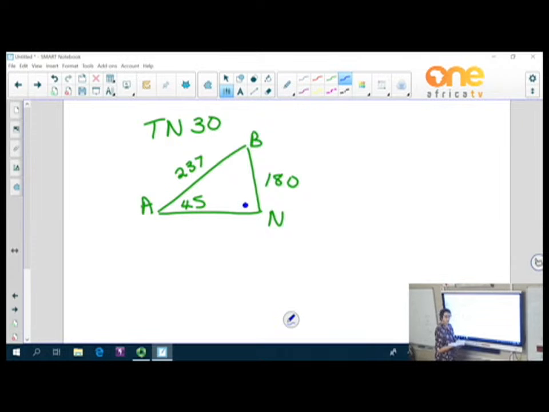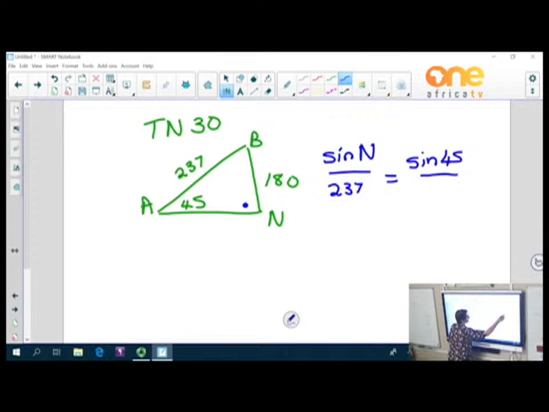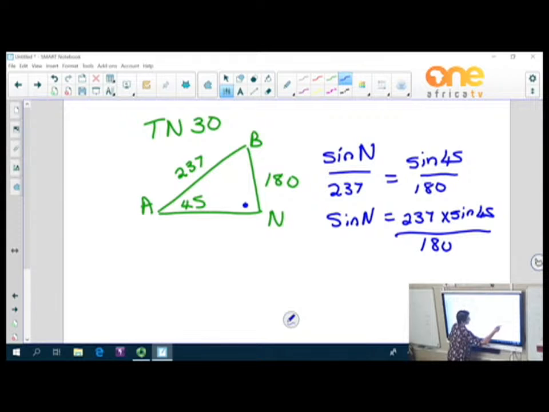So we want to find this angle. Can I use the sine rule? Yes, because you have opposite sides and opposite angles. So sine N over 237 is equal to sine 45 over 180. So to find that angle, sine N is then 237 times sine 45 divide by 180.